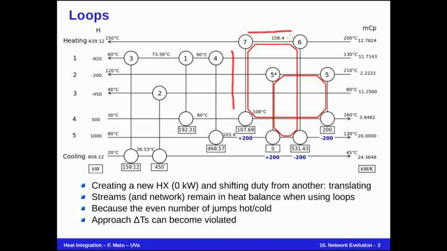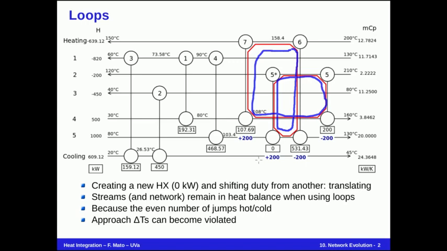They follow convective enthalpy flow or thermal enthalpy flow. Their distinctive characteristic is that they are closed. They start and end on the same side of the same heat exchanger.